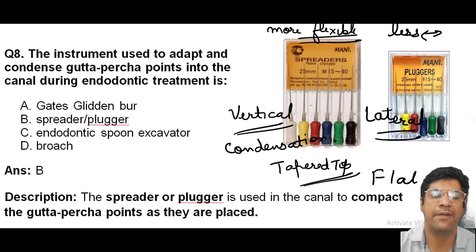So the instruments that we use to condense gutta percha points into the canal during endo treatment are spreaders and pluggers.